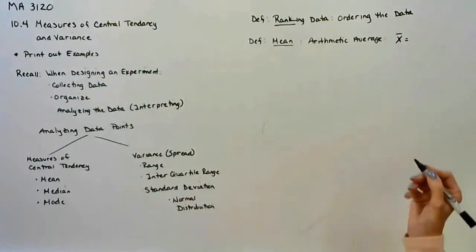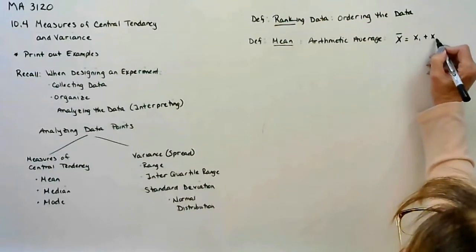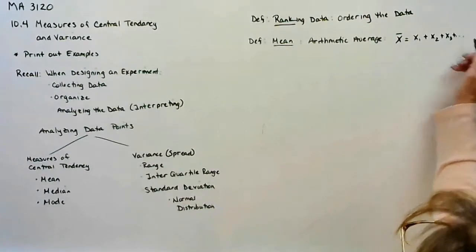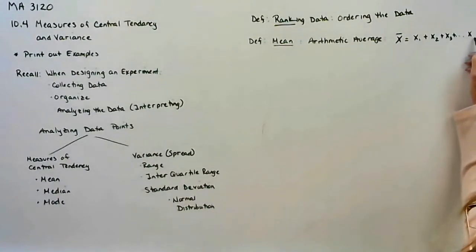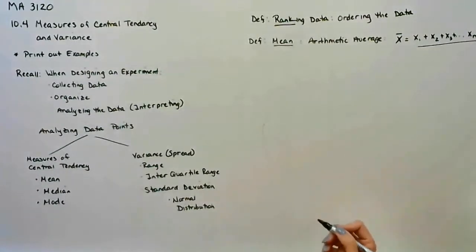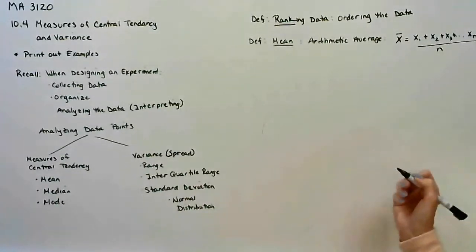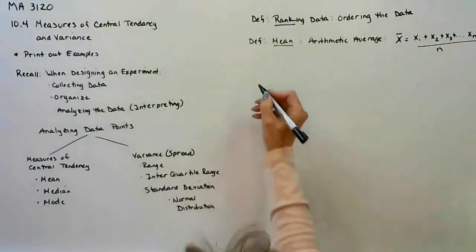Okay? And that's the same as taking your first data point, x of 1, adding it to x of 2, adding it to x of 3, and you keep going until you've added it to the very, very last term. I'm going to call that x of n, where n represents how many of them that we are adding up, and then we divide it by the number of terms we have, or n. So the mean is just like finding the average.